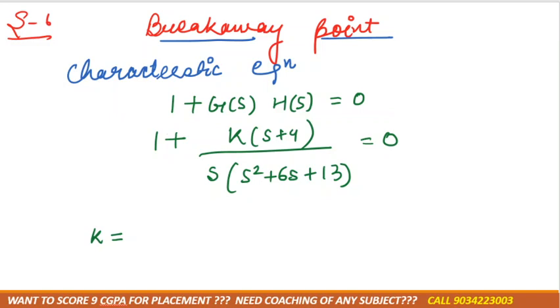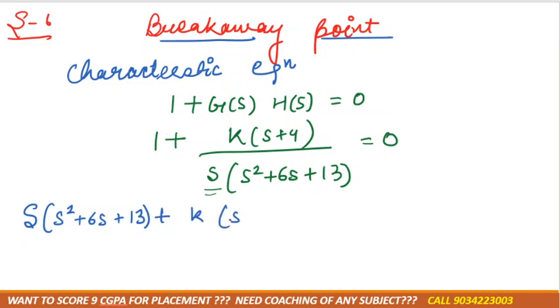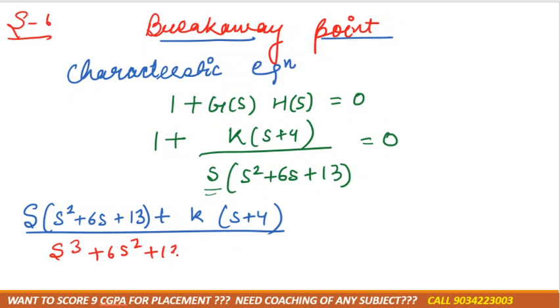Now calculate it on your own. First we need to take the LCM. Okay, it would be s square plus 6s plus 13 plus K into s plus 4, equal to 0, right? Now we need to solve this equation: s cube plus 6s square plus 13s plus Ks plus 4K.